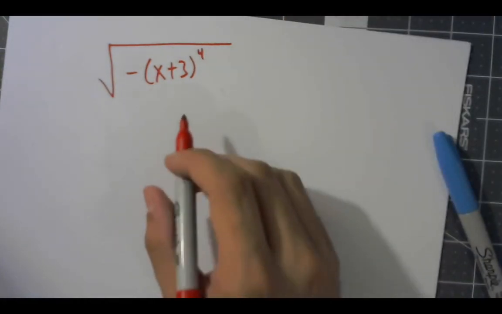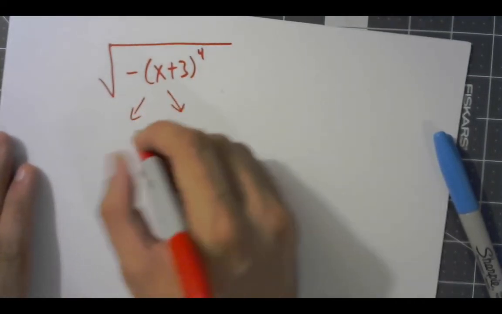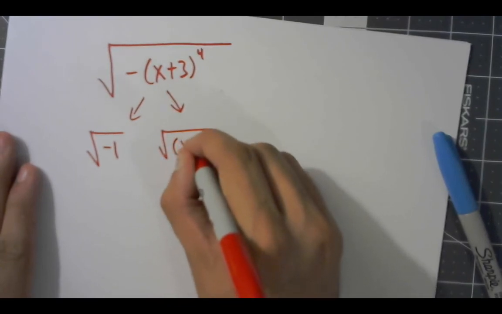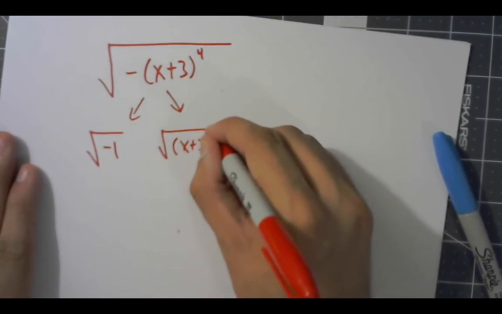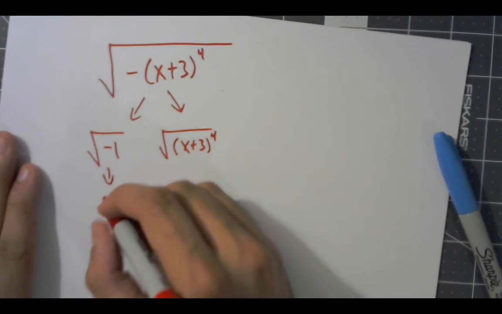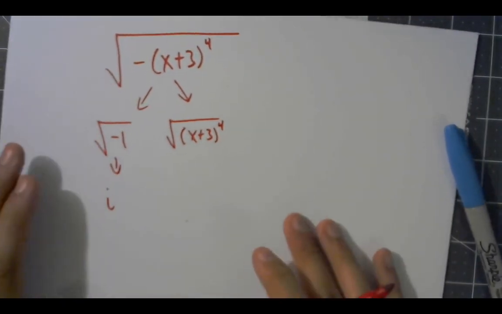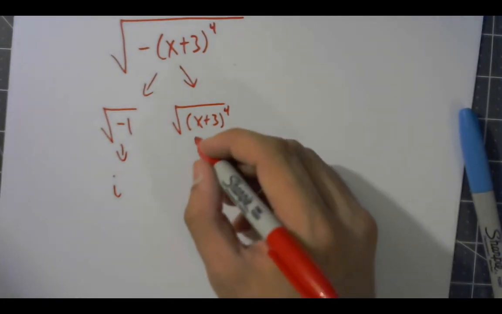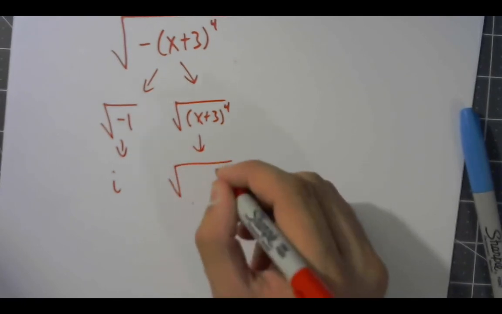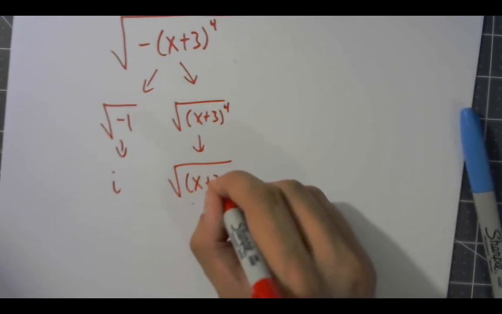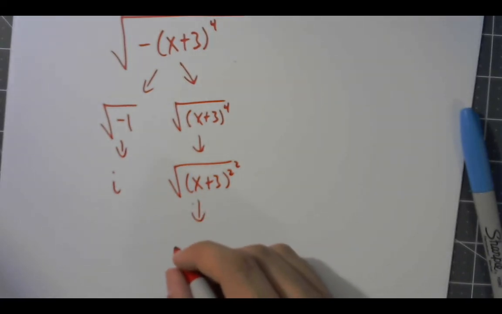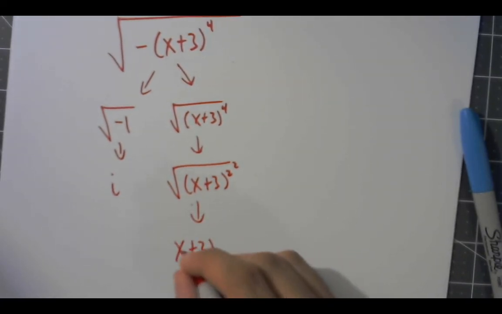This problem, well, first let me just kind of break it apart. I have the square root of -1 and the square root of (x plus 3) to the 4th. This is just going to turn into i. Once again, there are some imaginary, like 1 or 2 i's on the whole thing. This one is going to go to the square root of (x plus 3) squared, which then goes down to (x plus 3) squared.